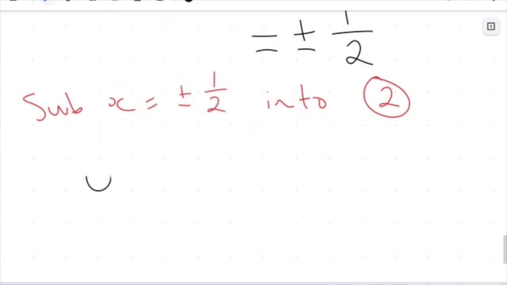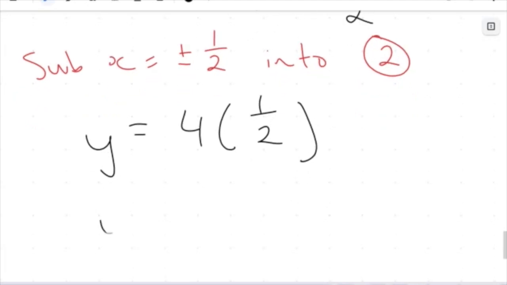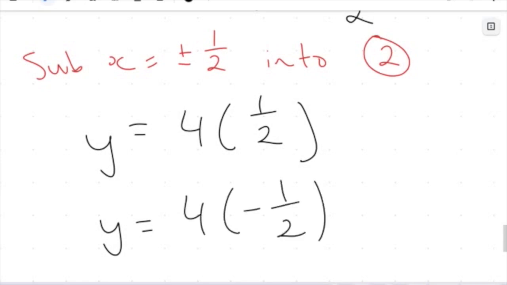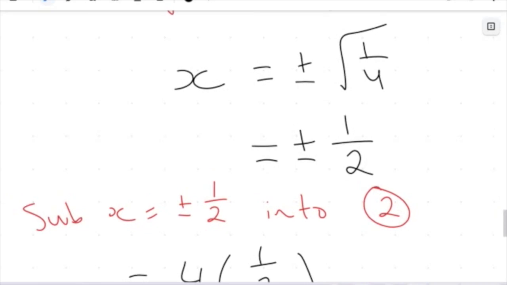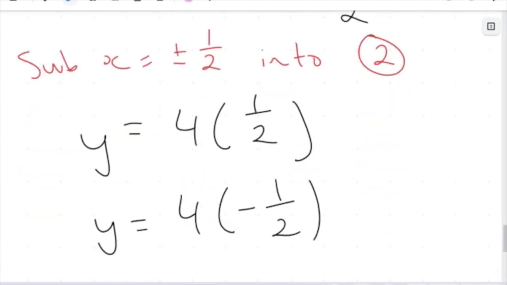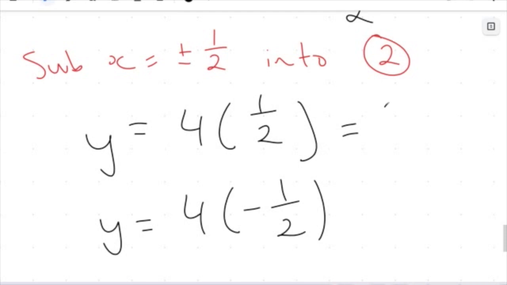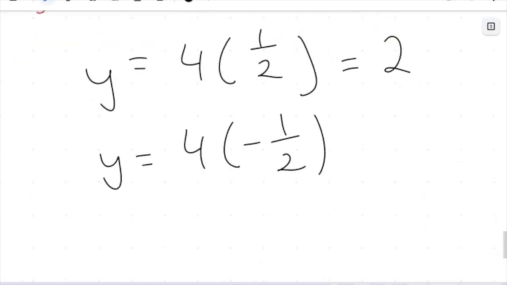So one of those is going to be y equals 4 times positive 1/2, and y equals 4 times negative 1/2. So I'm substituting both the positive and negative half into equation 2, y equals 4 times x. Okay, so this gives me 2 here. So half of 4 is 2, and negative 1/2 times 4 is going to give me negative 2 here.